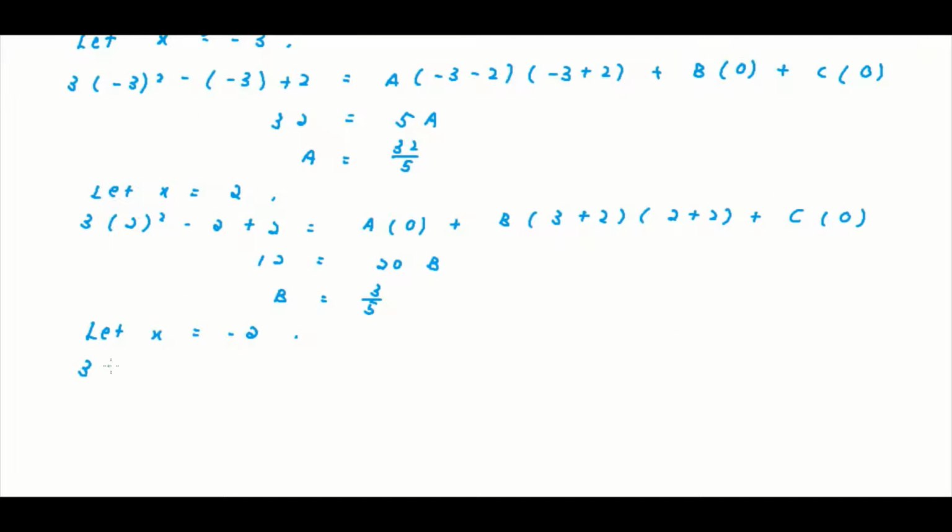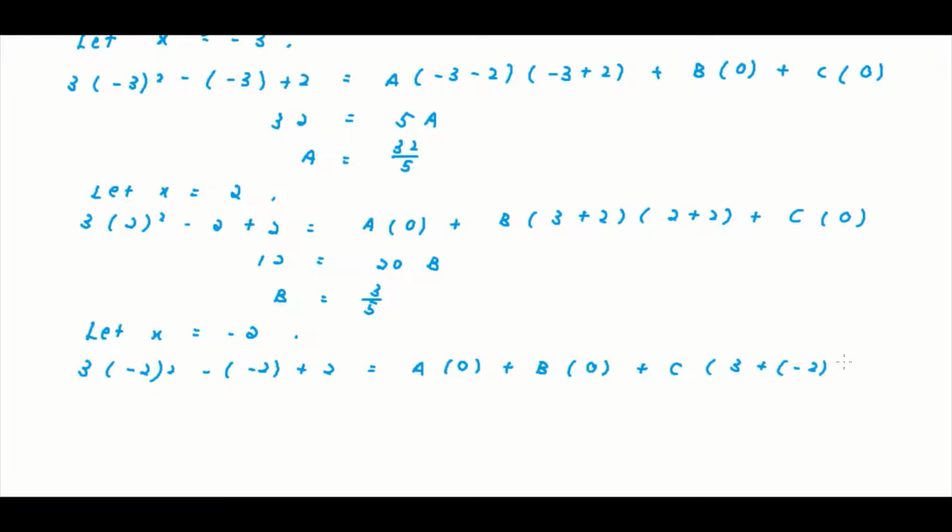So 3 times negative 2 squared, minus negative 2, plus 2 equals, your a will become 0, your b also will become 0, and then plus your c.